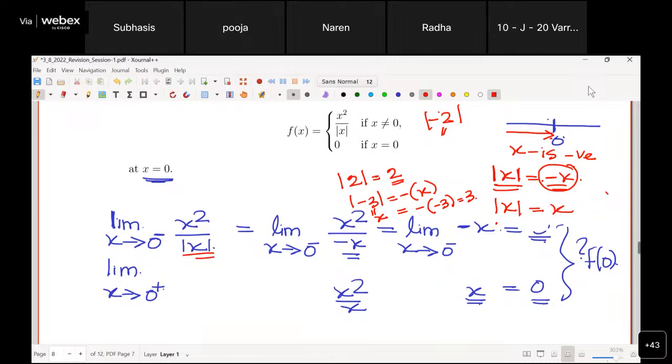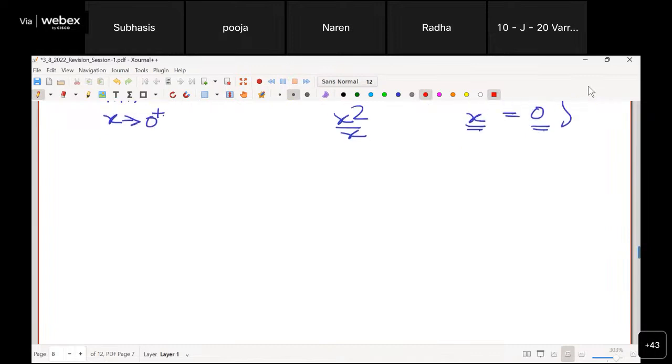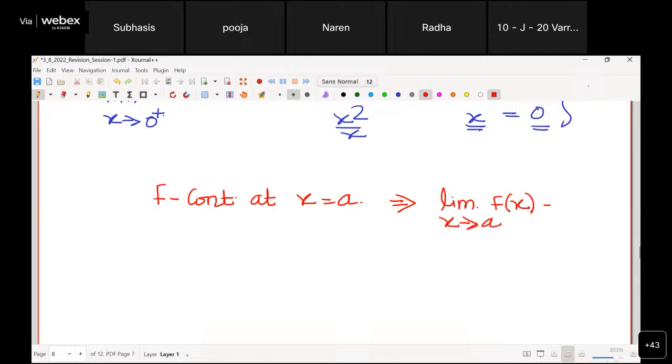Okay, I'll come to differentiability just after continuity. See, if a function is continuous at x equal to a, that means the limit of this function at a exists.